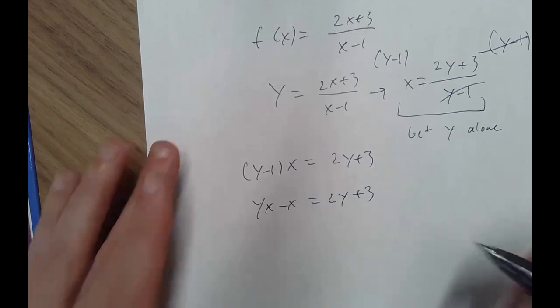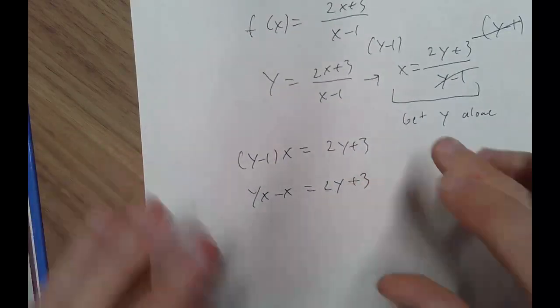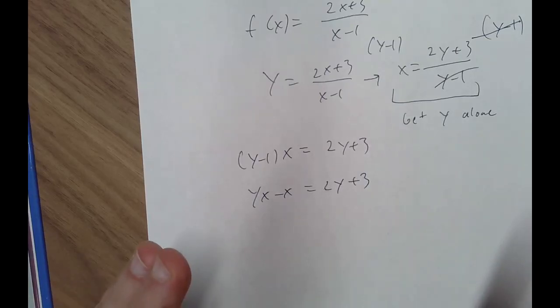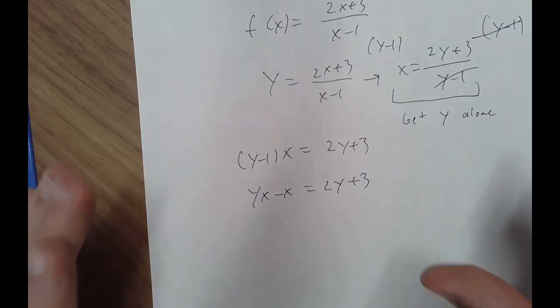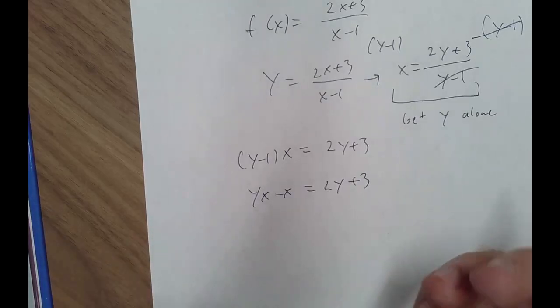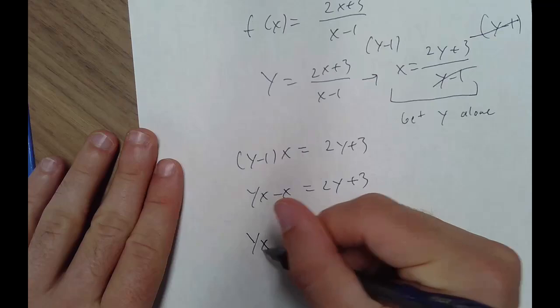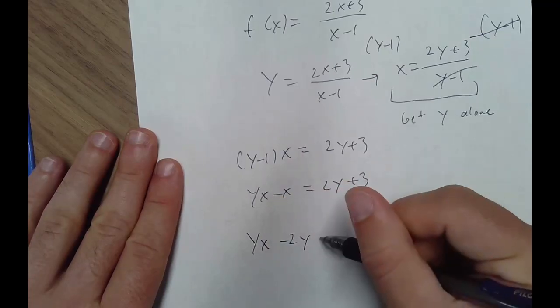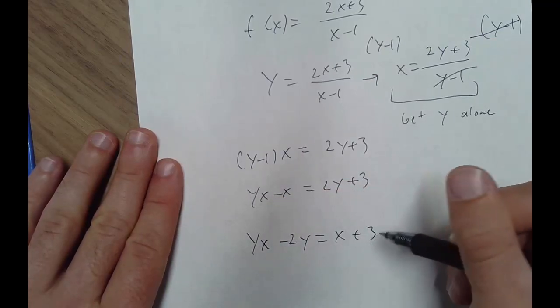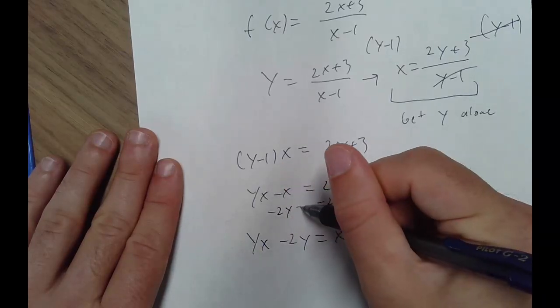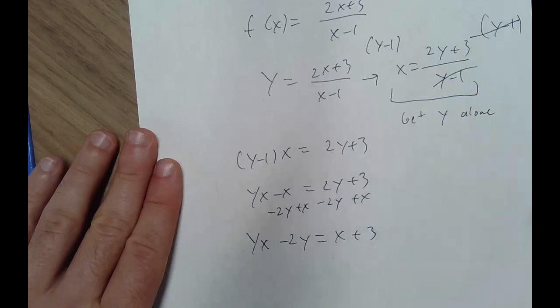Then we're going to group the terms. Any term with a y in it, we're going to move to the left, everything else to the right. So we're going to have yx minus 2y equals x plus 3. I'm moving this 2y to the left, and I'm adding an x to both sides.